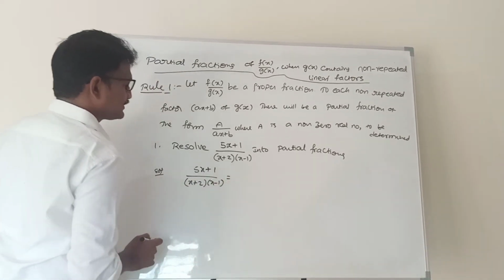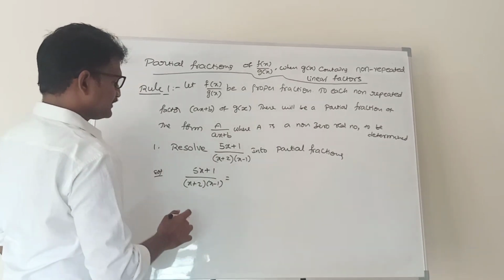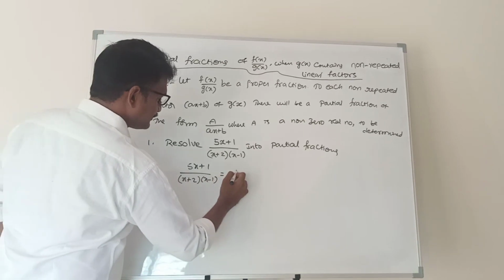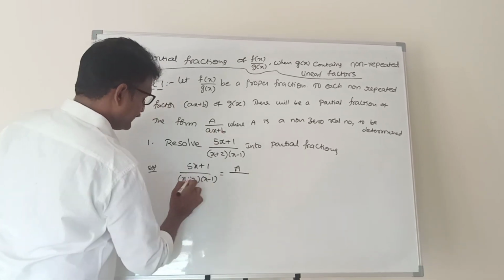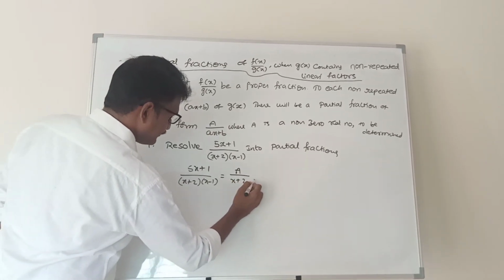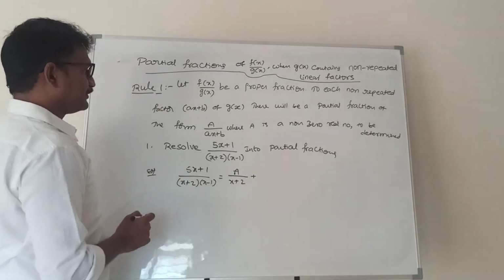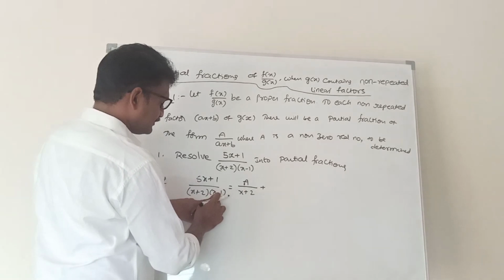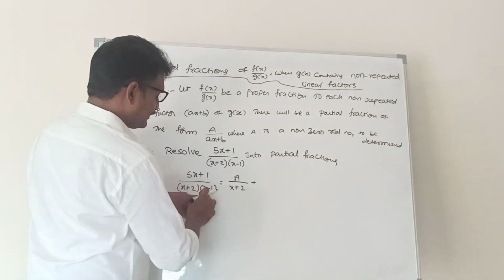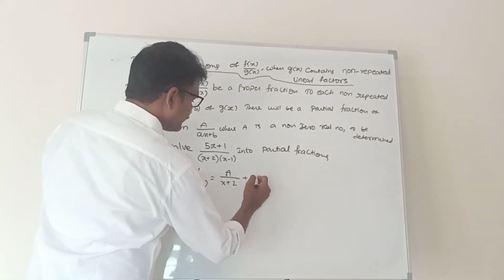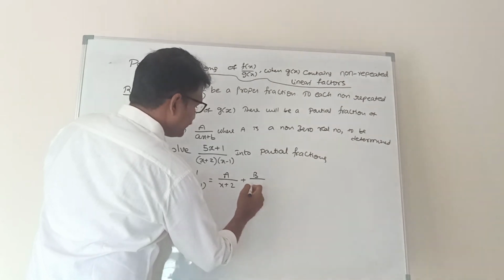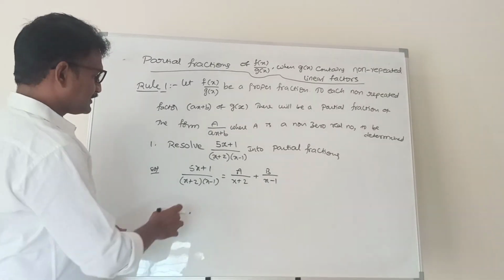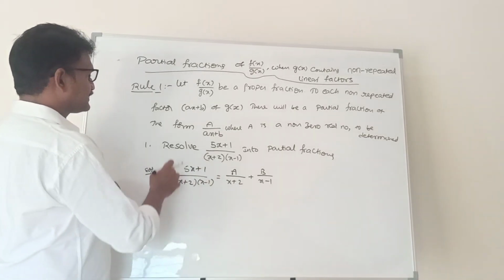For this proper fraction, how to write the partial fractions: for the linear factor x plus 2, you take A by x plus 2. Next, one more irreducible linear factor is there. For that, you take another letter B by x minus 1. This is the way to take the partial fractions for this proper fraction.